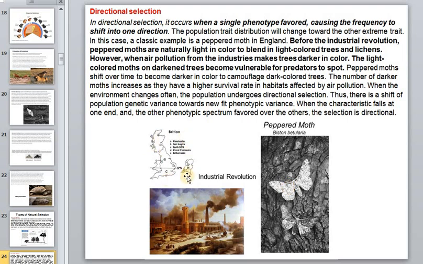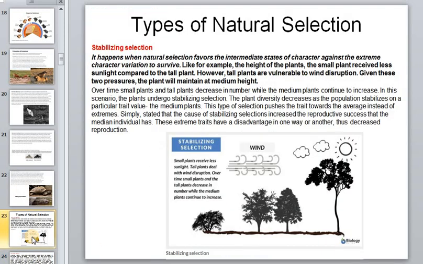However, when the air started to be dark and trees dark in color, the light-colored moths on these trees became vulnerable for predators to spot, very visible.